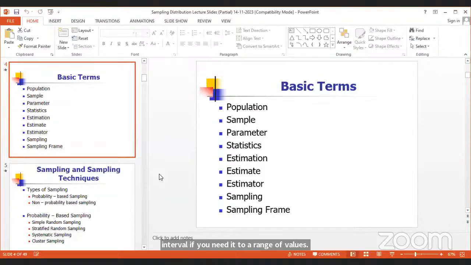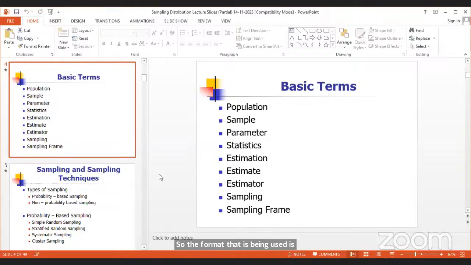Then the value that you arrive at is called the estimate. So an estimate is the value for the population parameter. If you have one single value as the computed value, that is point; if you have a range, you have interval. So the formula that is being used is called the estimator.